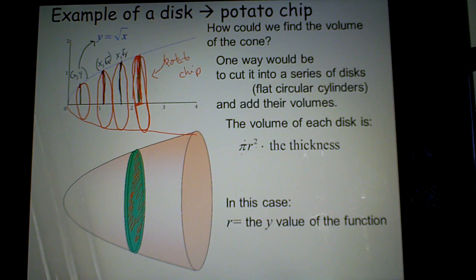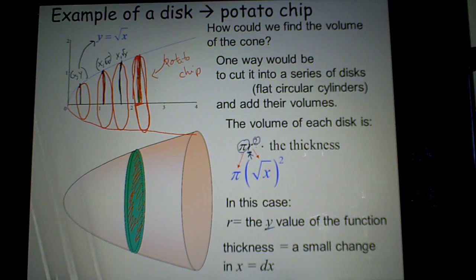So over here, pi times the radius squared. The radius is what I fill in with the function y. And then this part is area. How do you get volume?